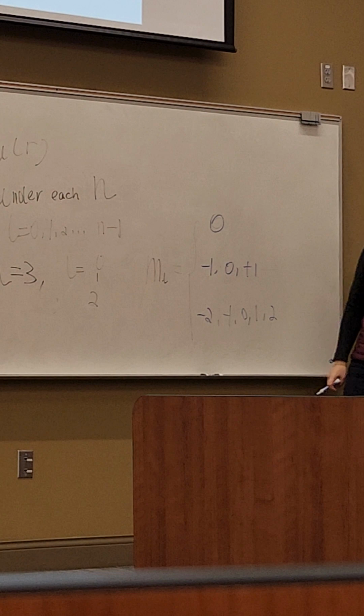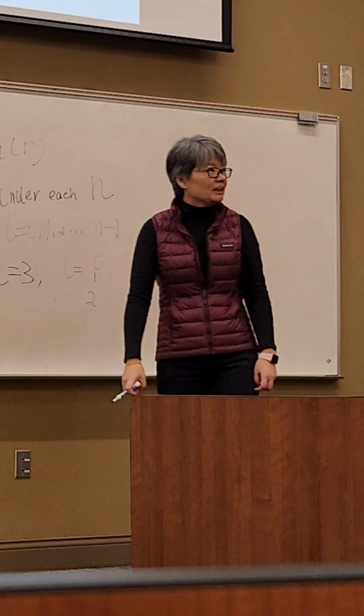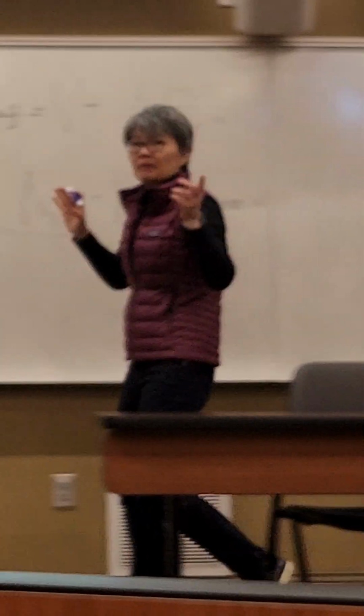Okay. Now, can I take one step further? Would you guys allow me? So in your general chemistry, do you guys remember the K shell, L shell, M shell for electrons? So we talked about the atomic orbitals, right?